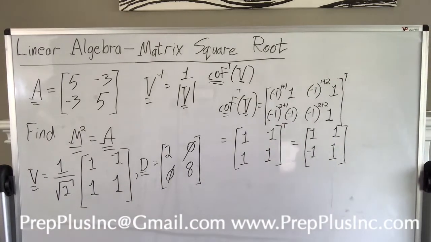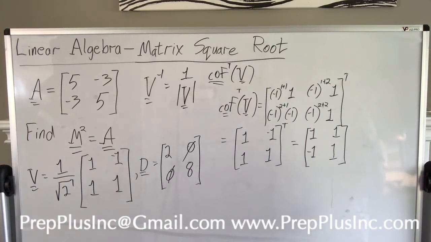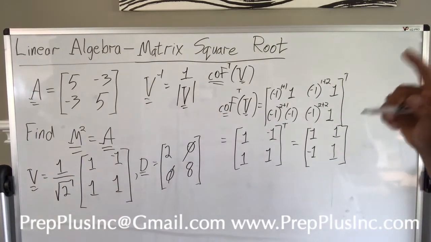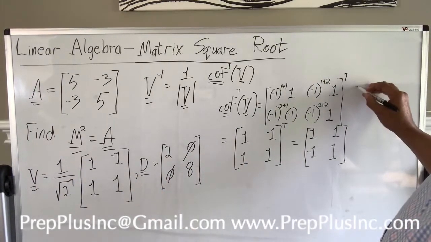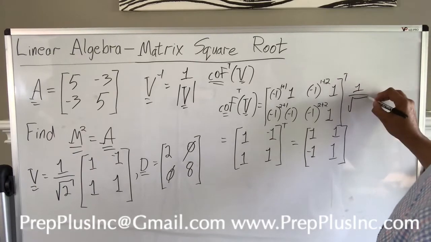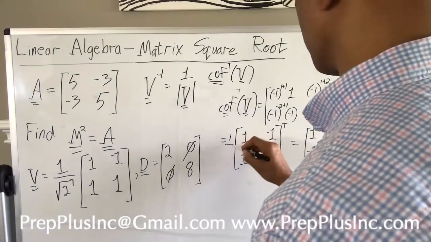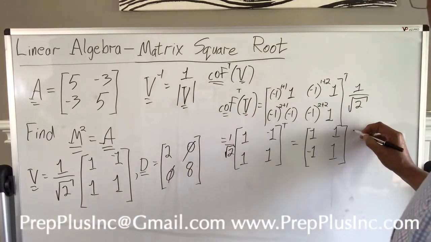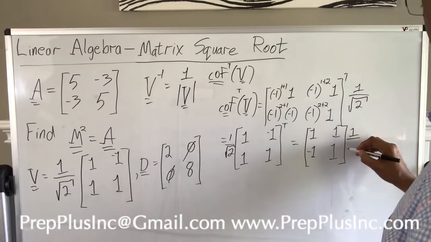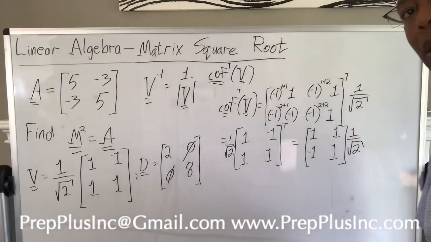We have a 1 over square root of 2 out here. Sorry about this. It's always important to keep all the terms of your equation. Keep them all there.